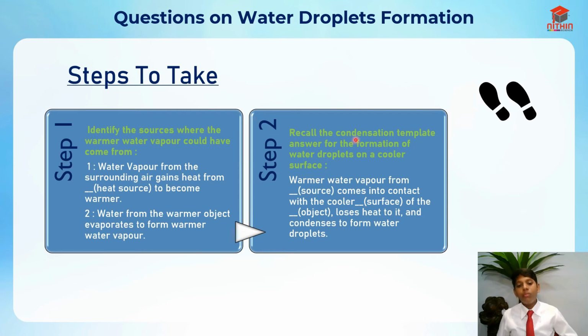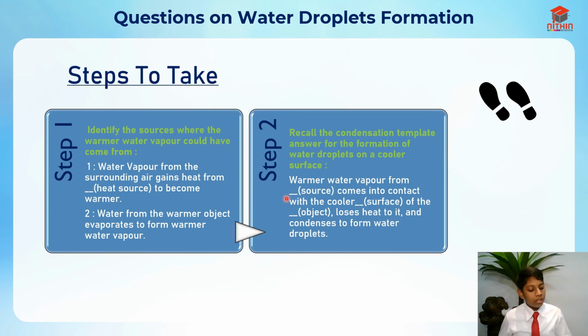And then for step 2, we need to recall the condensation template answer for the formation of water droplets on a cooler surface. So this is the template answer: warmer water vapor from the source comes into contact with the cooler surface of the object, loses heat to it, and condenses to form water droplets.